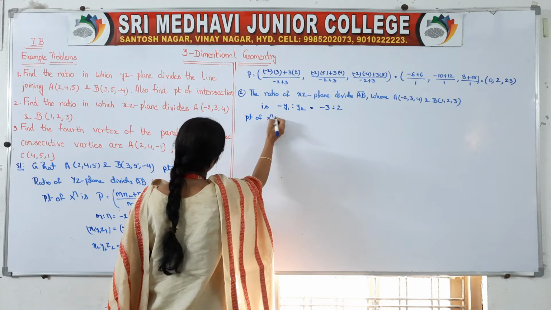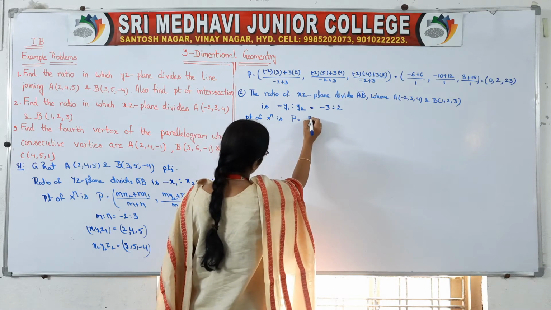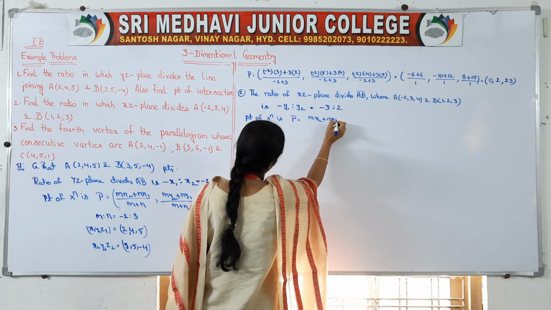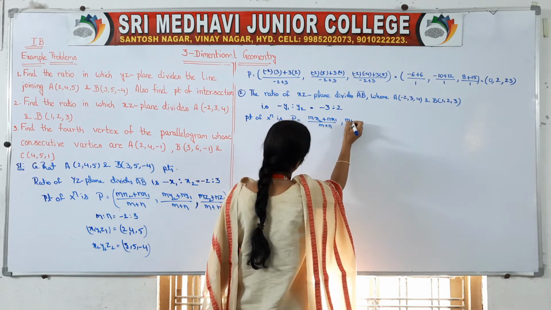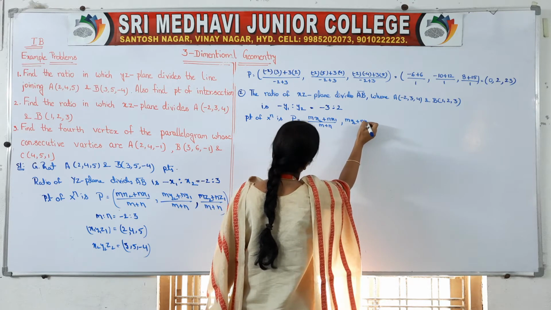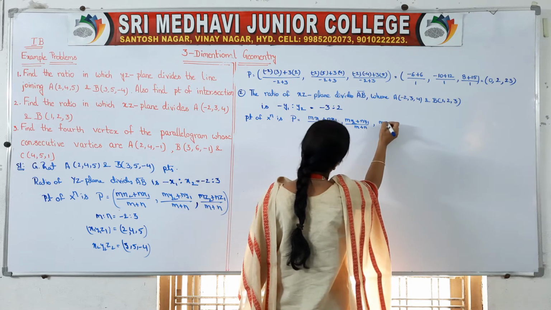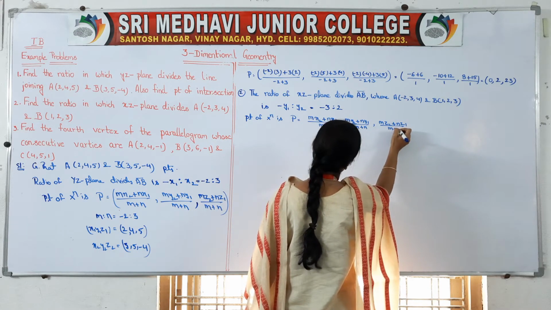Point of intersection, you can consider as P is equal to the same formula: mx2 plus nx1 by m plus n, my2 plus ny1 by m plus n, mz2 plus nz1 by m plus n.